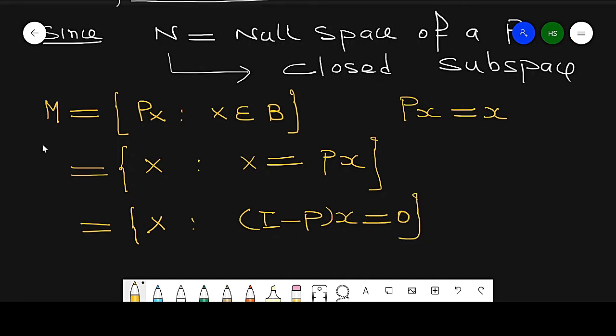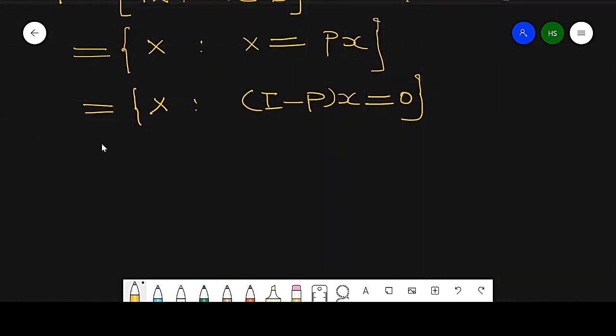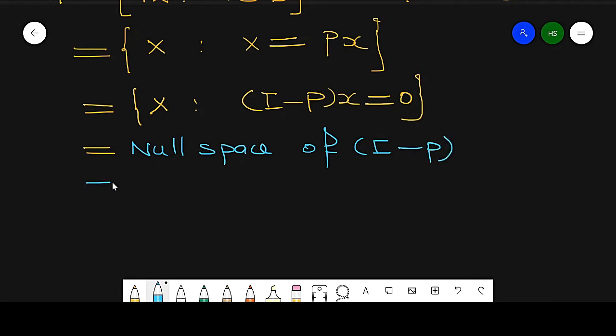So we again get a null space, but it is the null space of I minus P, and it is again closed.